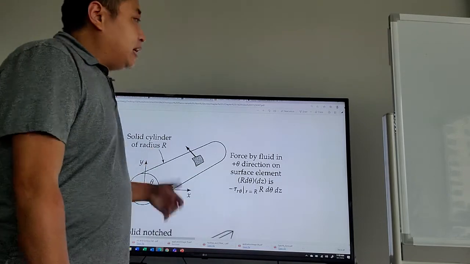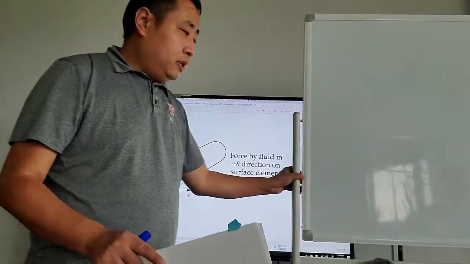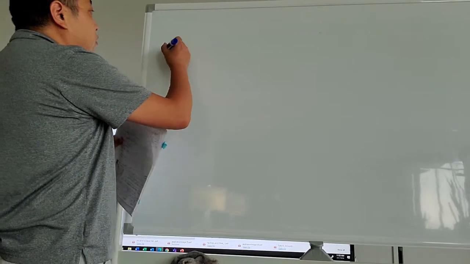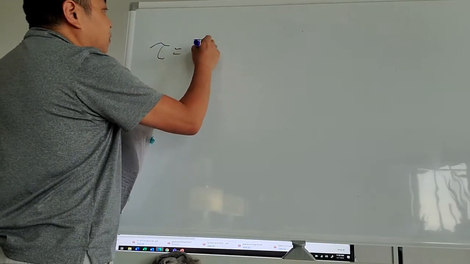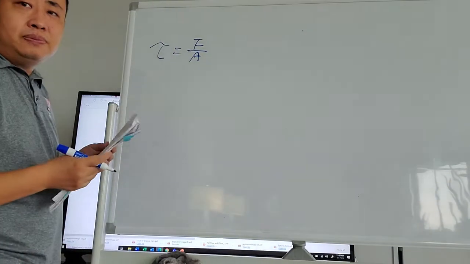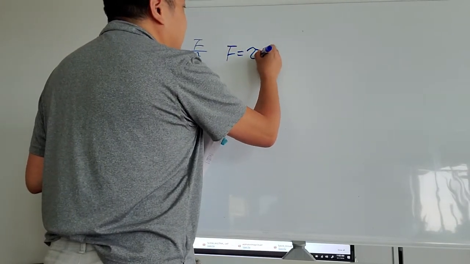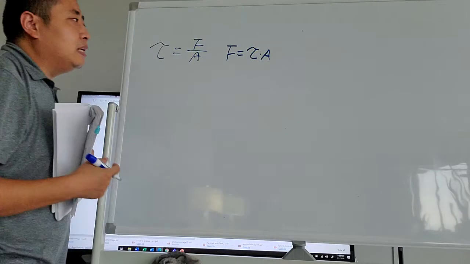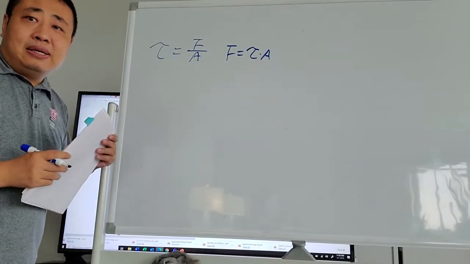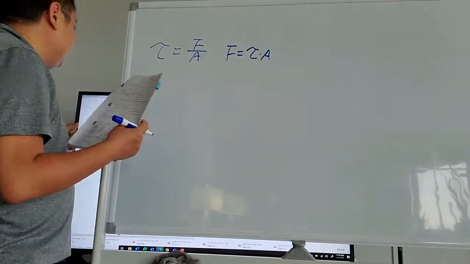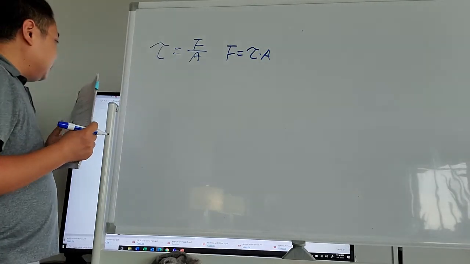So now let's write the force. So we know stress is defined as force divided by area. Then force can be written by stress multiplied by the area. Okay, so let's start with the area.